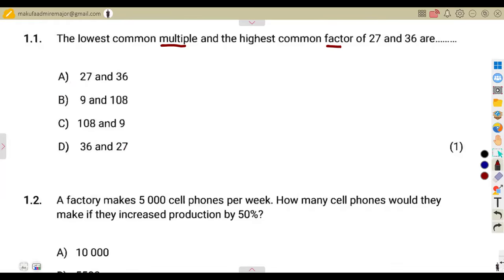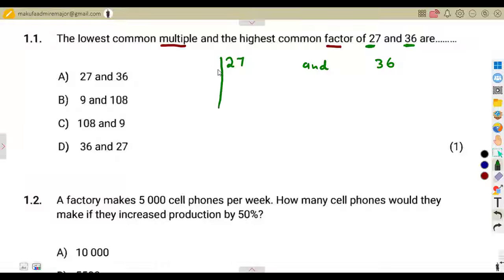How do I calculate the lowest common multiple and the highest common factor? First of all, we must express these 2 numbers as a product of their prime factors. So 27 as a product of its prime factors, and the same thing on 36. That's the quicker way that you can do it.